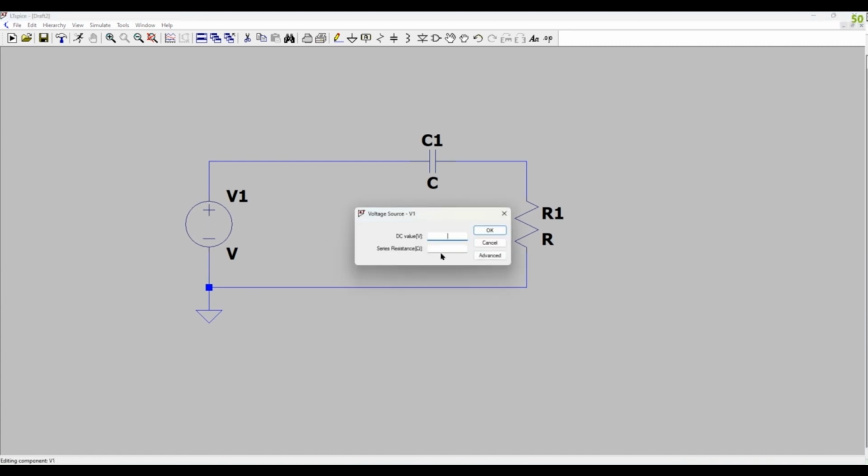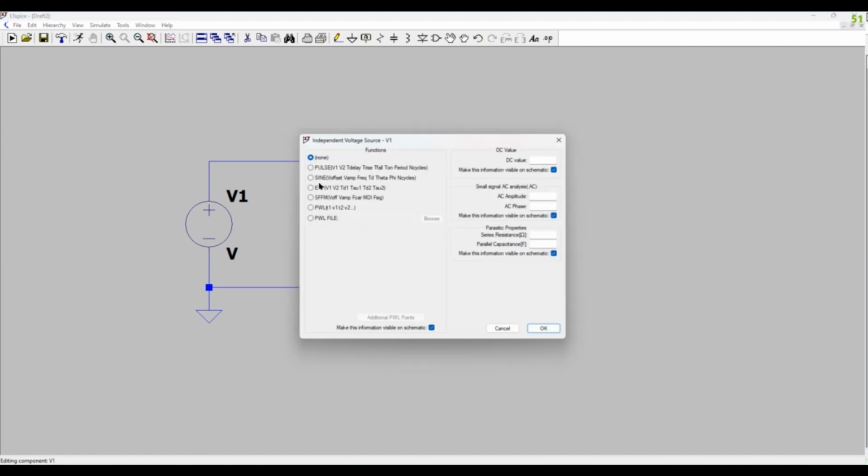Right click at the voltage and click advanced. At the sine, DC offset is 0, amplitude is 5 because the voltage input is 5. The frequency we get is 8, delay is 0, and our phi is 109.47, and the AC amplitude is 1.